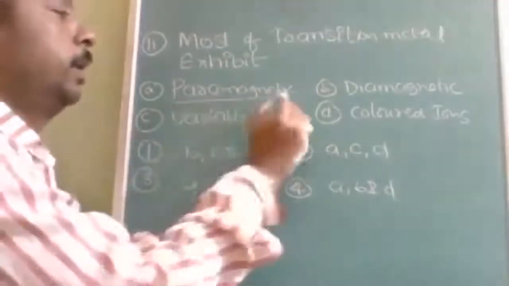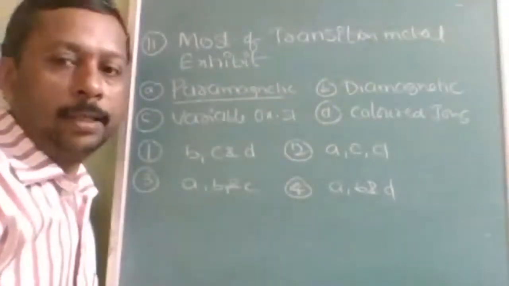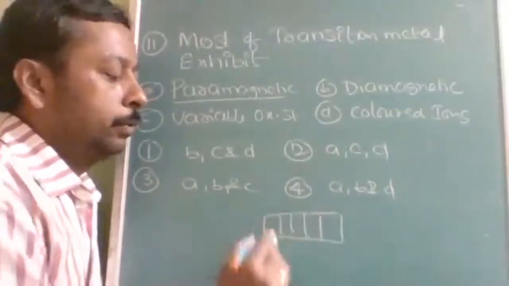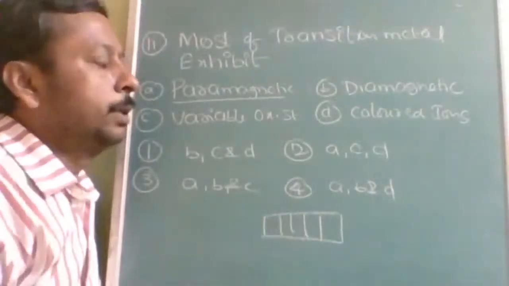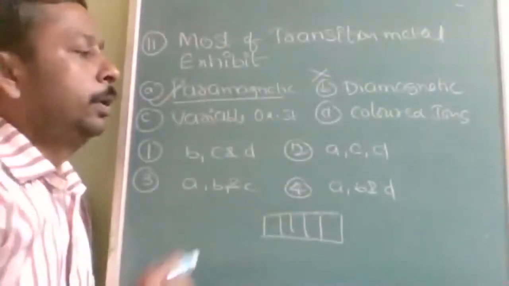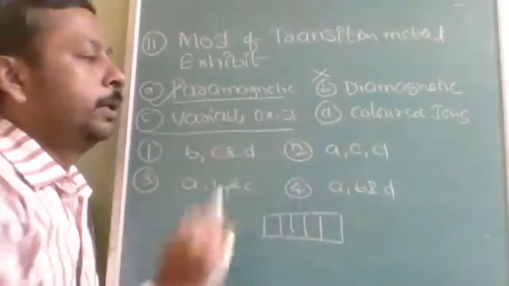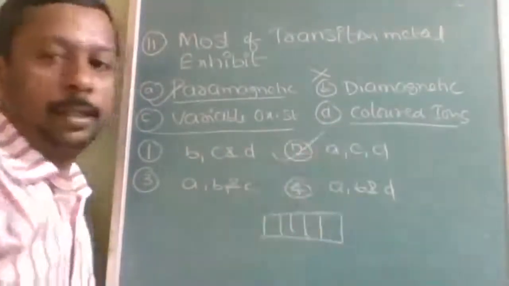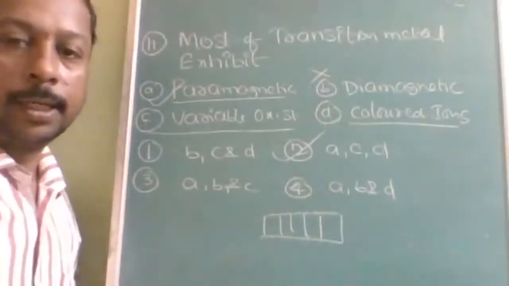First, paramagnetic, definitely, because chances of unpaired electrons are there. Here, the D subshell will contain 5, so the chances of unpaired electrons are more. So less chance of diamagnetic. Variable oxidation states, definitely. Colored property also, definitely. So A, C, D. What is the answer? The second answer is correct.